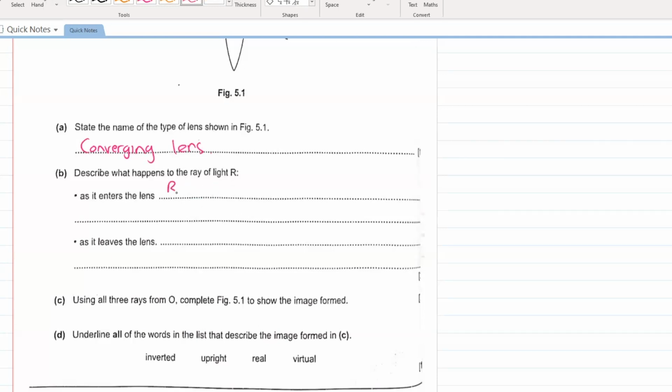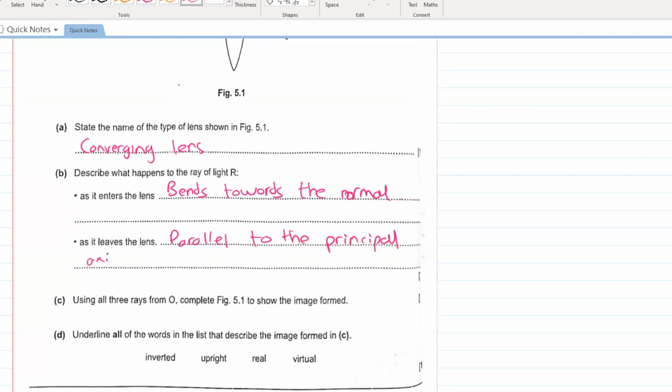Light bends towards the normal. Simple as that. What will happen as it leaves the lens? It becomes parallel to the principal axis.